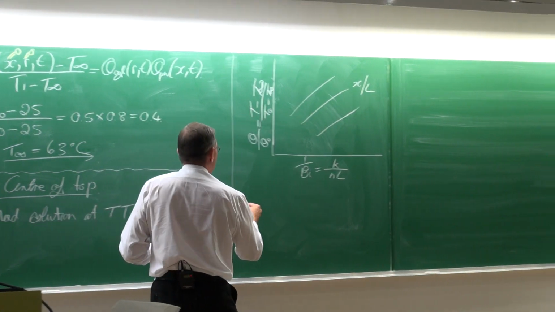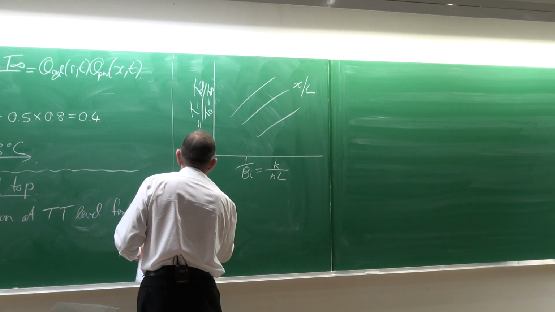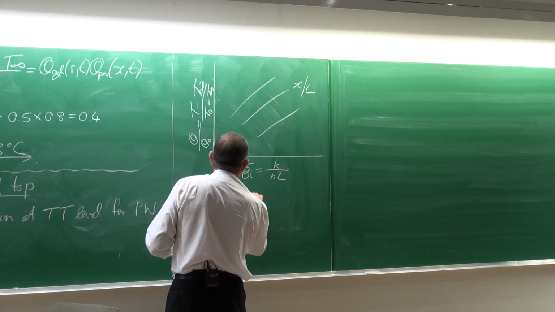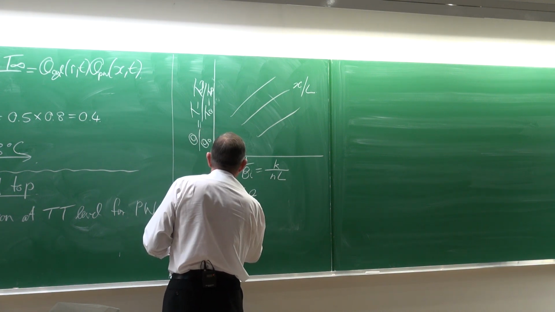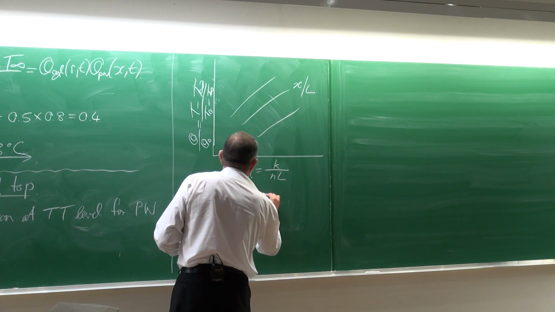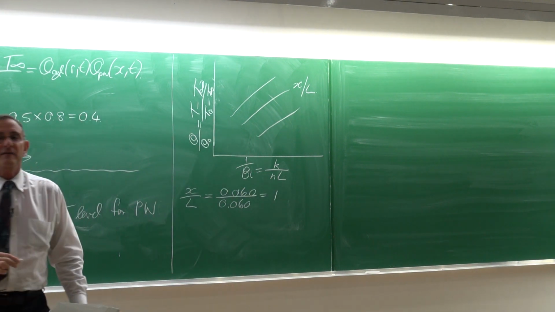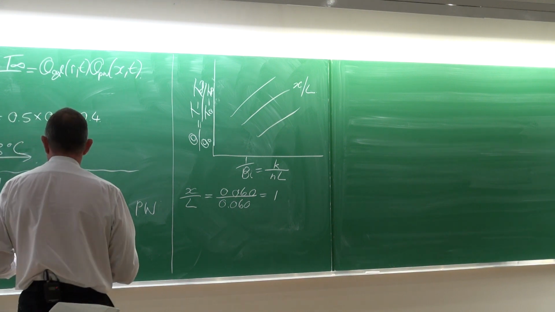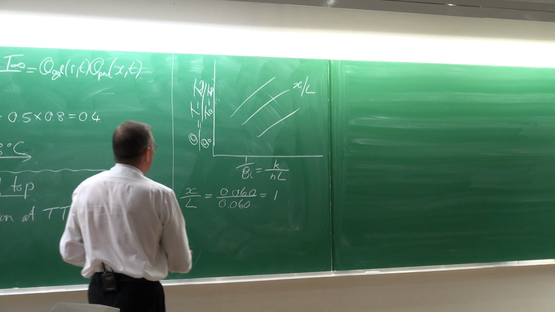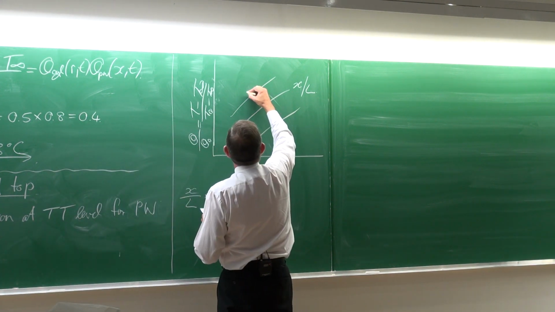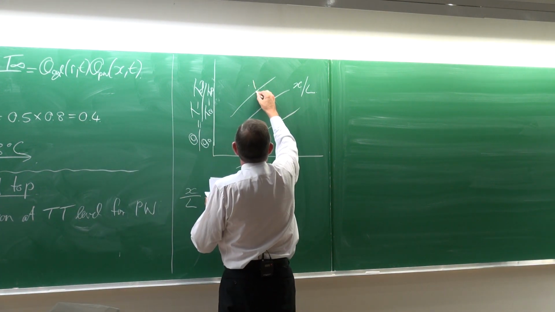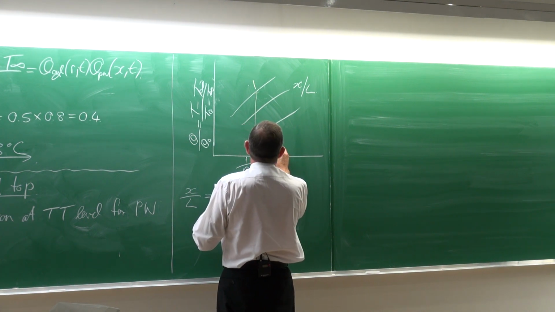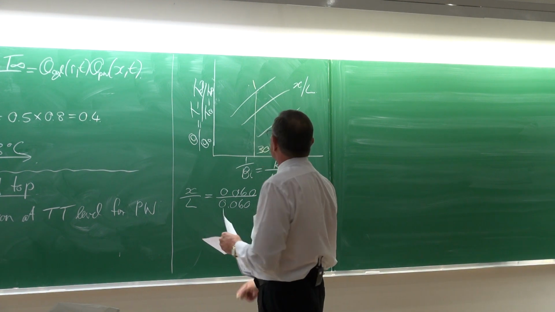So for this case, our x divided by L is, we want to know the solution at 60 millimeters. So that is where x over L is equal to 1. So x over L is equal to 1. 1 divided by the Biot number is still 30.6.